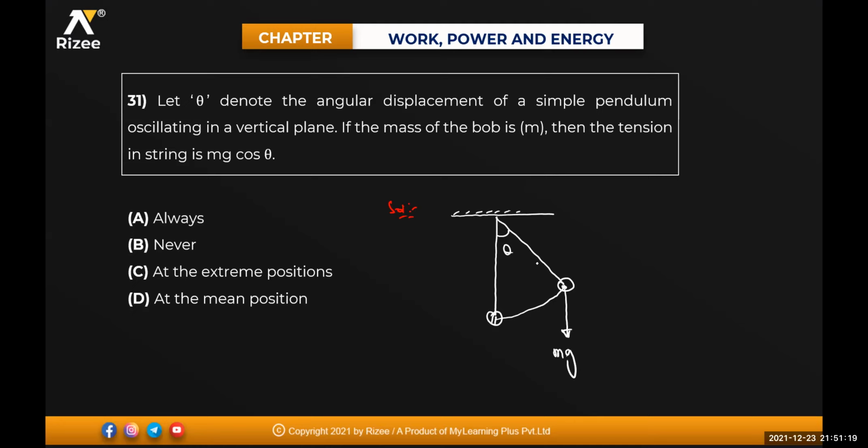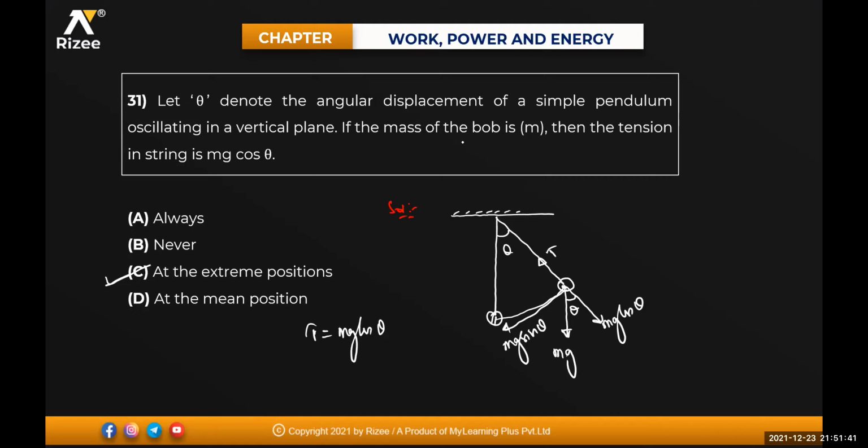This is your mg. This is your tension T. If I resolve it into components, this one is also theta. This one becomes mg cos theta, and in this direction mg sin theta. So here T is equal to mg cos theta at the extreme position. So C will be the answer. Very good.